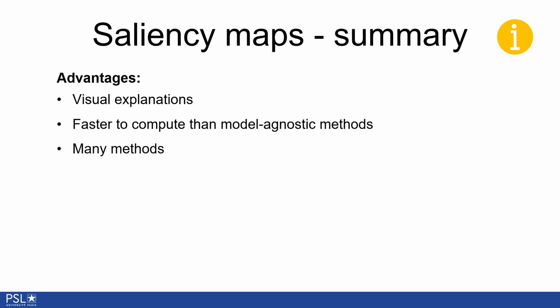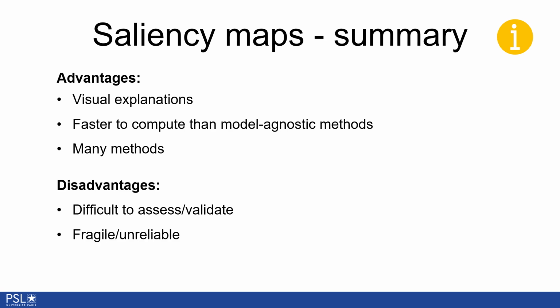A large variety of methods are available for computing saliency maps. The main disadvantage, which I pointed out earlier, is that saliency maps are difficult to assess or validate, and this can make them potentially fragile or unreliable.